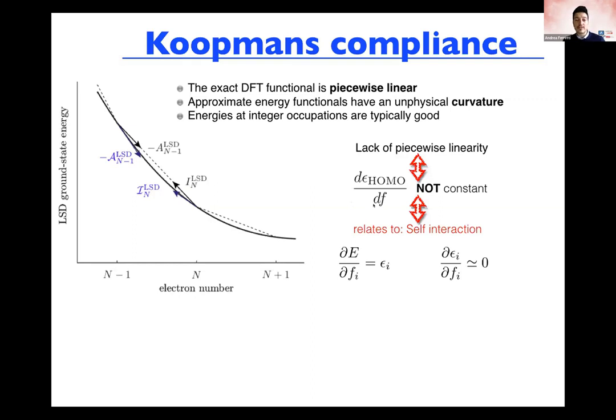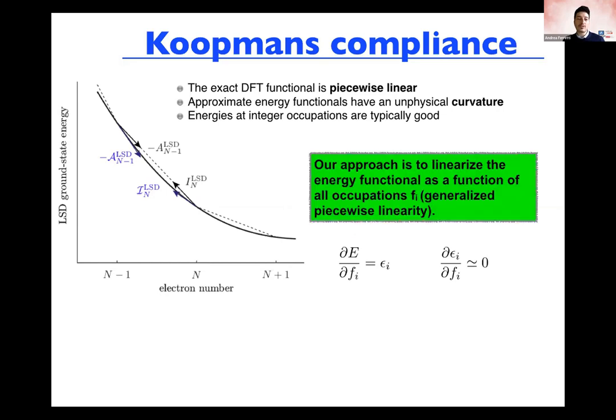So there is this connection from lack of piecewise linearity to self-interaction that is not complete, so it's not fully overlapping ideas, but somehow there's a connection among the two.